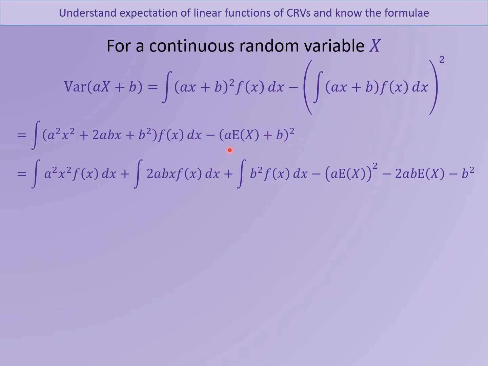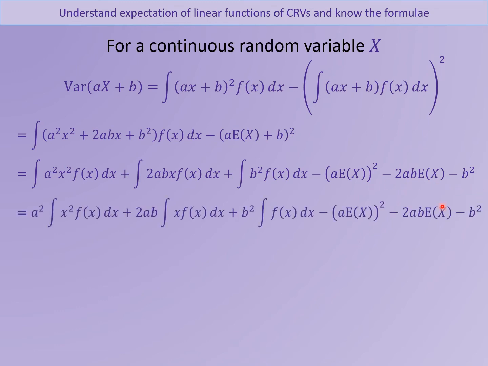Here we have just expanded this bracket out, so multiplied this bracket together. On the next line, we have just taken out any constants, for example, a squared here, 2ab here, and b squared here, leaving anything involving x inside the integrals.